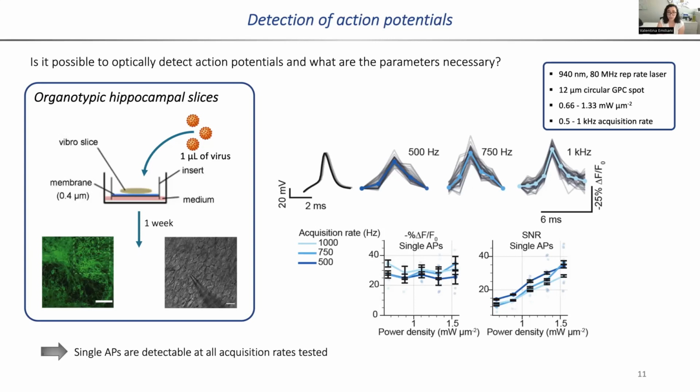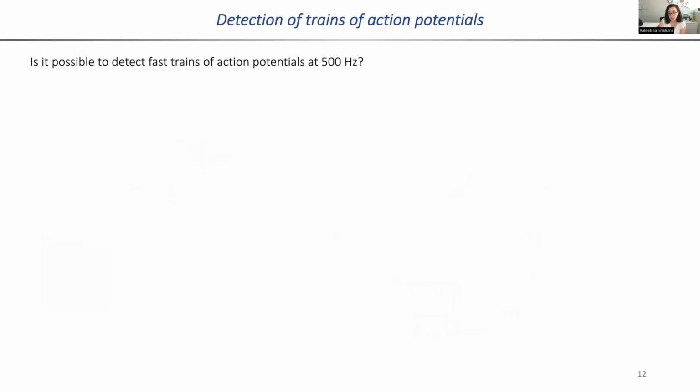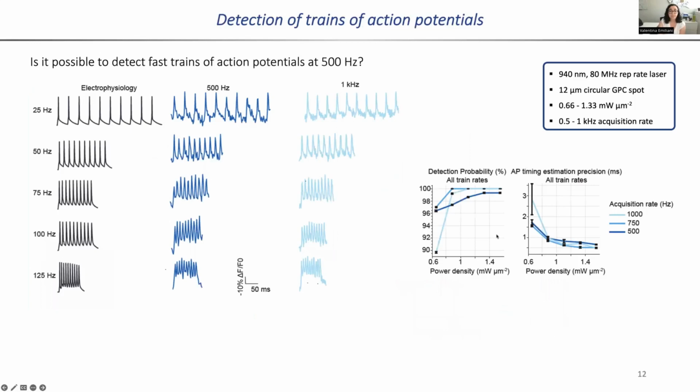Okay, so this was for single action potentials, but as Valentina was saying, neurons can also fire fast trains of action potentials. And so we wanted to check if at 500 Hertz, we were also able to detect fast trains of action potentials.